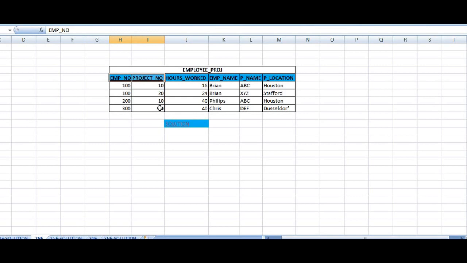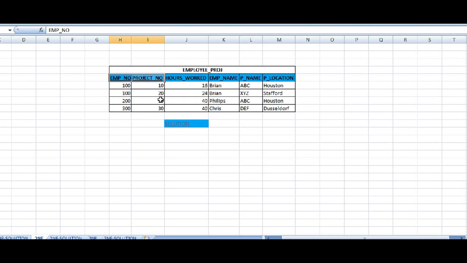So now we will see one by one of these non-primary attributes, their dependency. Now hours worked, I can say that hours worked is fully dependent on these two columns. Why am I saying that?